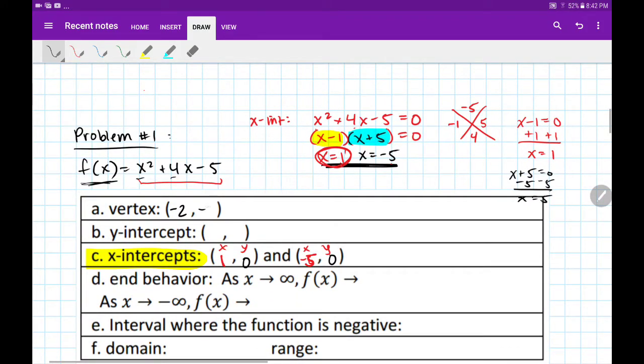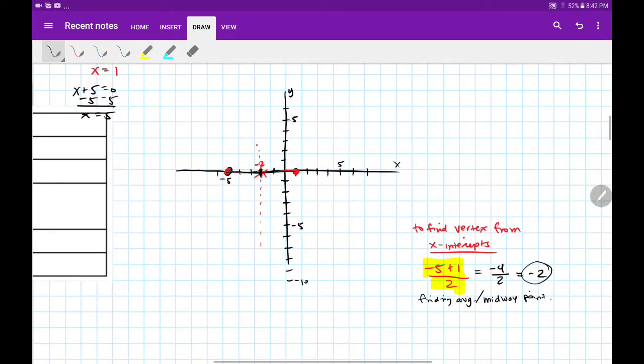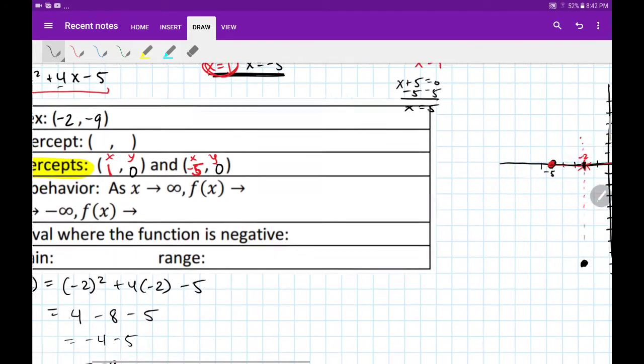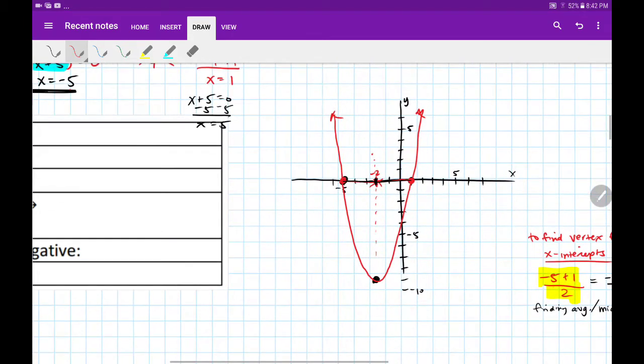So when x is negative 2, y is negative 9. That's our vertex. So I'm going to go halfway, and our vertex was down here: negative 2, negative 9. Very cool. So we've got our vertex. We can start connecting these as a smooth curve. And there we go.